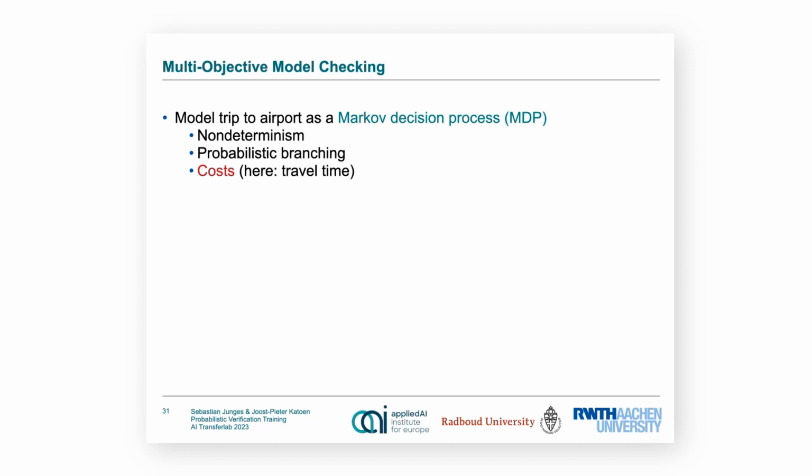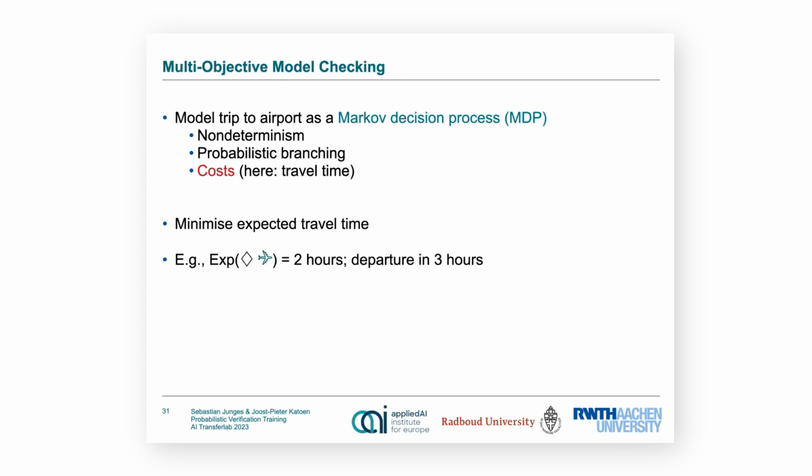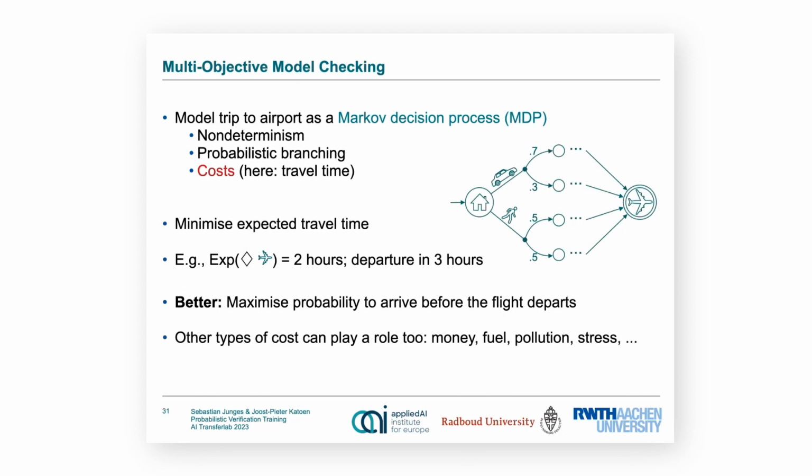And then there are costs, and maybe that's the travel time. So you would like to maybe minimize expected travel time. For instance, the expected time that you get to the airport is 2 hours. And you also would like to maximize, and that's even better, the probability to arrive before your flight departs. But then there are other types of cost.